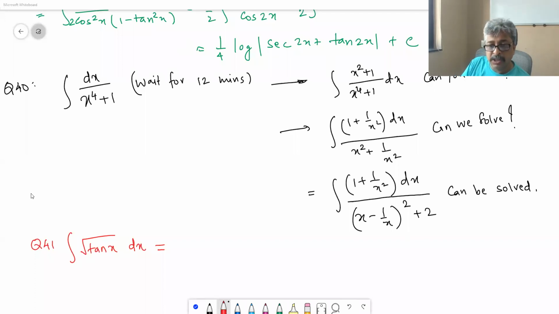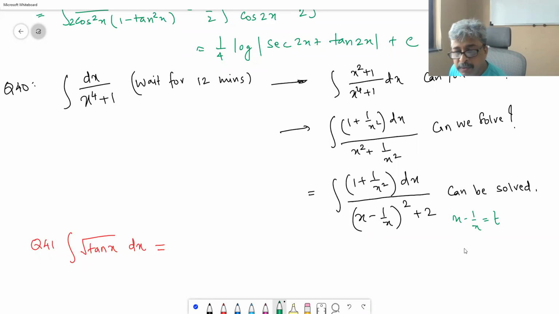Solving this. Now this is doable because if you assume, say, x minus 1 upon x is equal to t, then derivative is the numerator. 1 plus 1 upon x square dx is equal to dt.